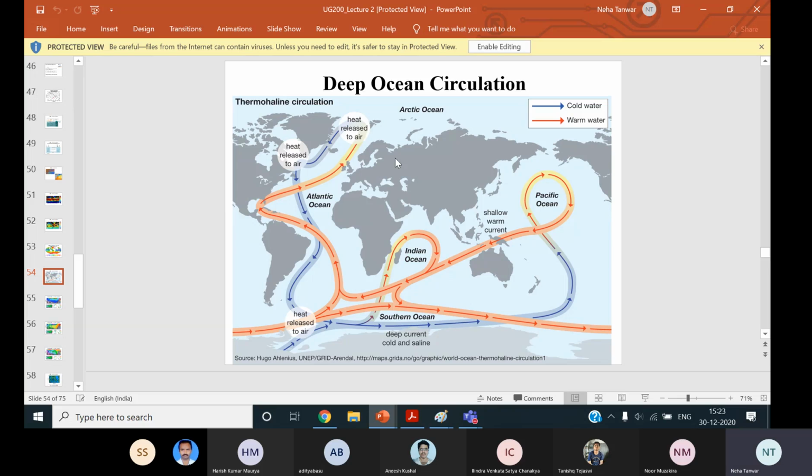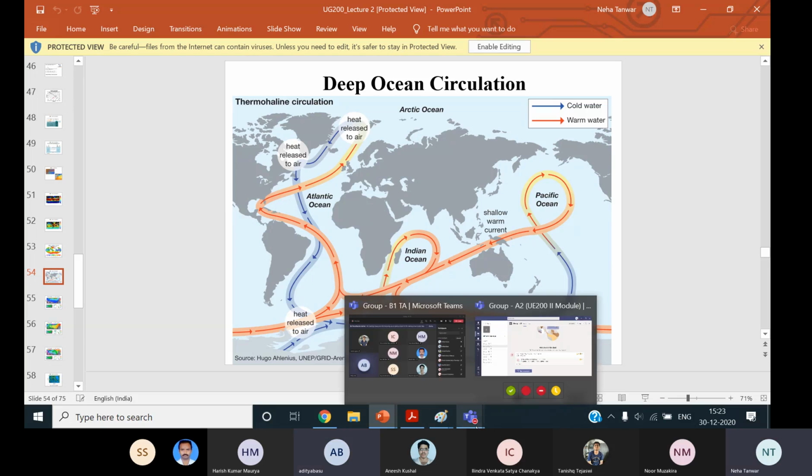But no one has given any numbers that this is the threshold. Clear? Yes, ma'am. This all depends on the region. Every region has different temperature, different density.